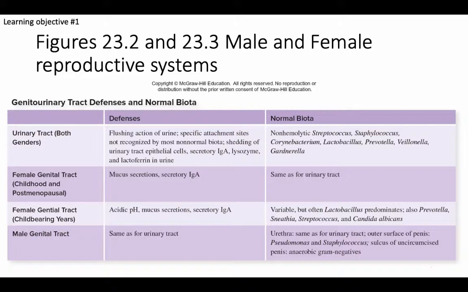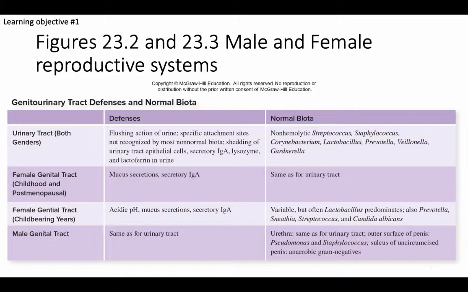In a female, during childbearing years, the system changes significantly, where some of the cells in the genital tract start releasing glycogen that is fermented by bacteria with an acidic byproduct, making the pH of the genital tract become acidic in childbearing years.